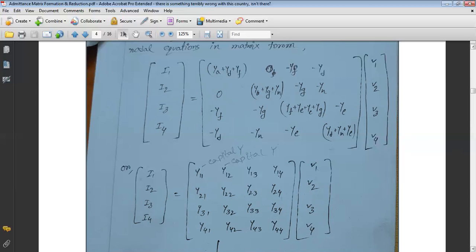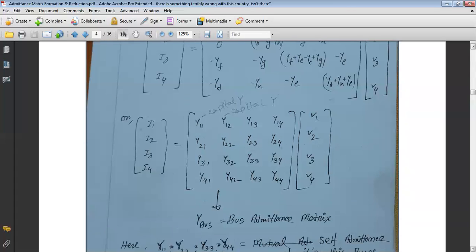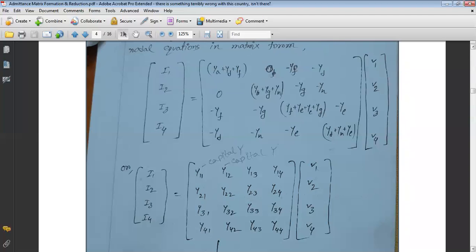But whenever we calculate a mutual admittance, we have to multiply the network admittance value by minus 1. So this is another basic difference between the network admittance value and the bus admittance matrix value.